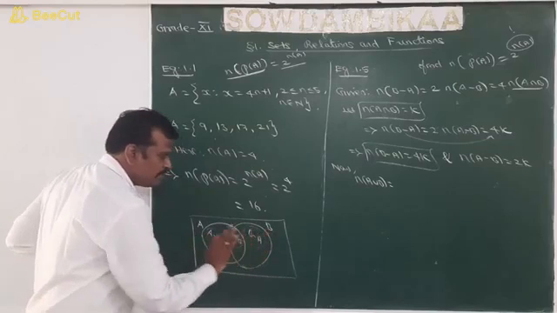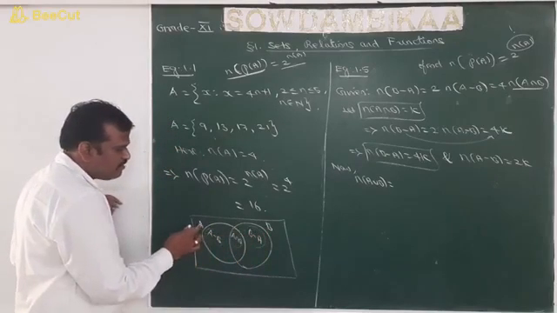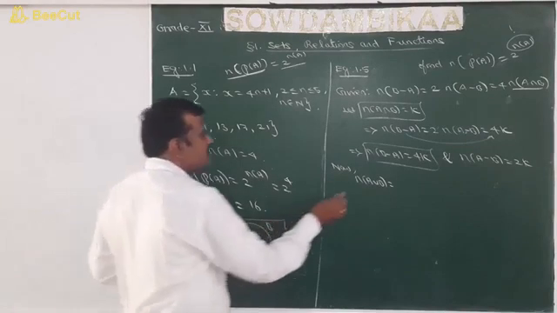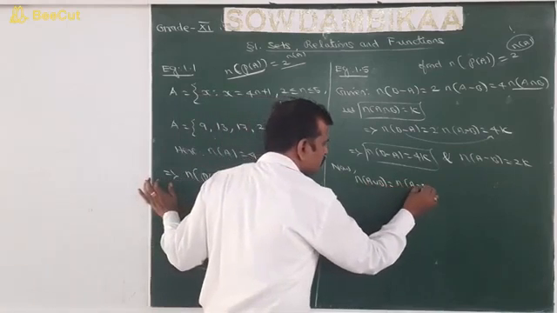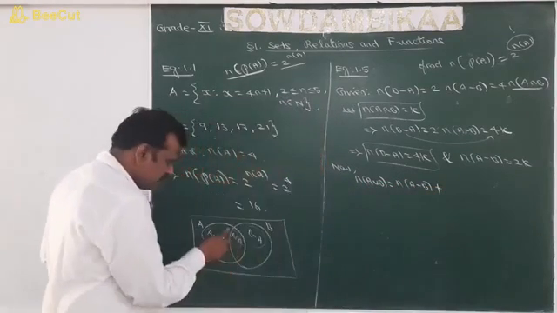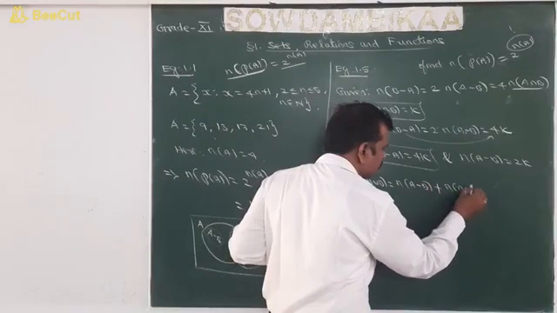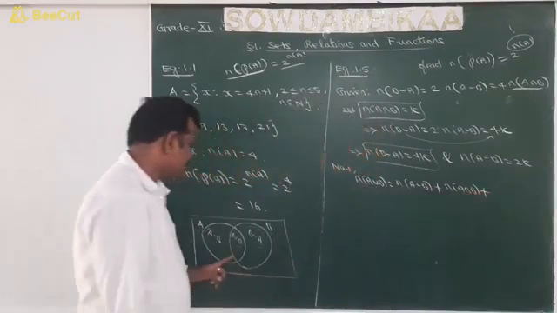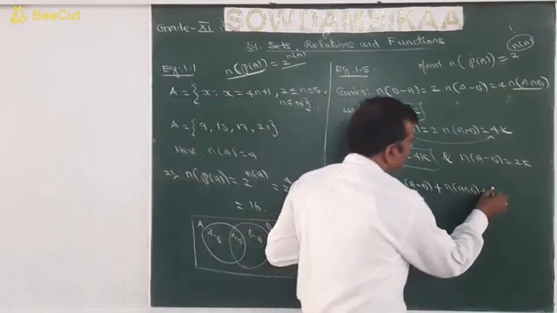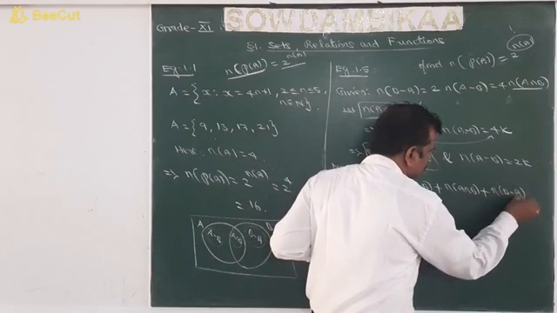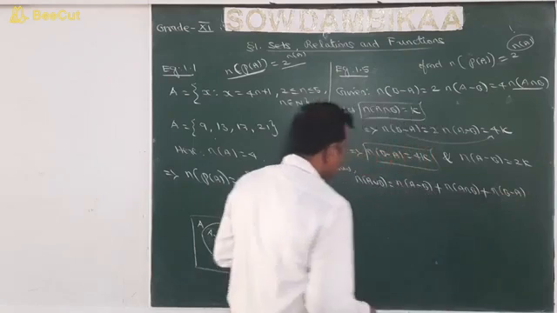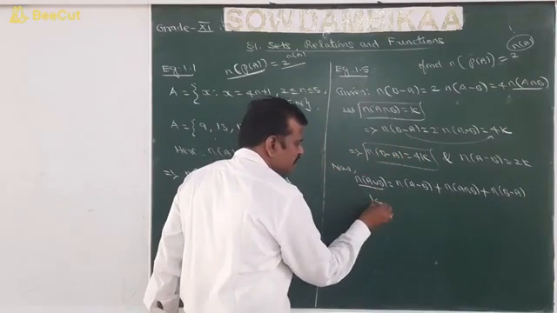So now we combine: n of A union B is equal to n of A difference B plus n of A intersection B plus n of B difference A. And it is given that n of A intersection B is equal to 14.